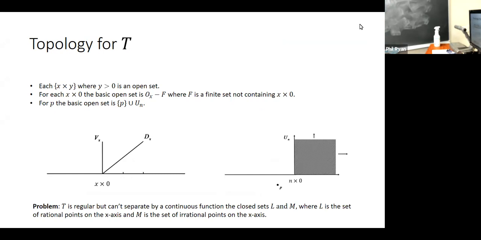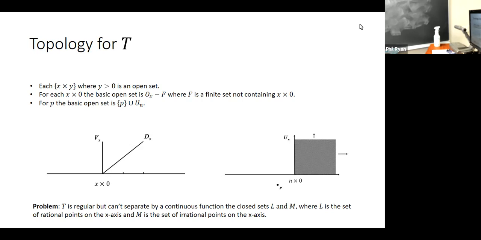The things which are properly in the upper half plane, singletons are open sets, so it's almost discrete. For points on the x-axis, open sets are this vertical slice union with this diagonal slice. It only goes up to 2, right? Subtracted some finite set.